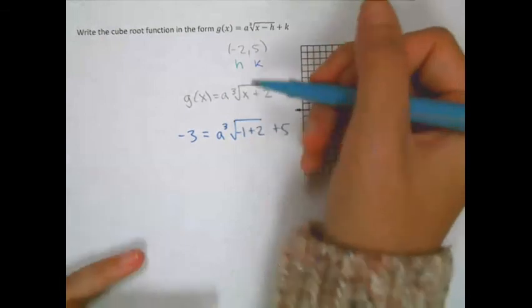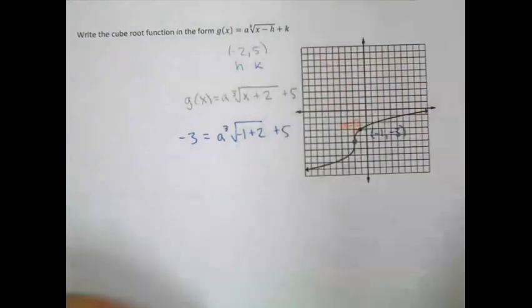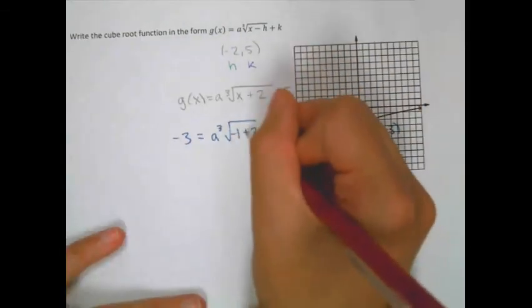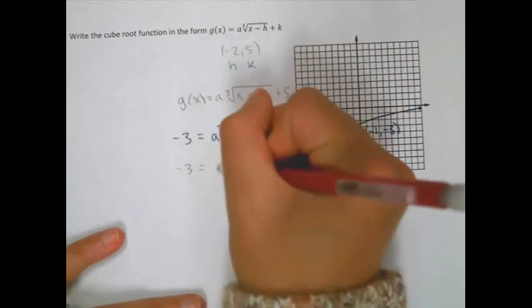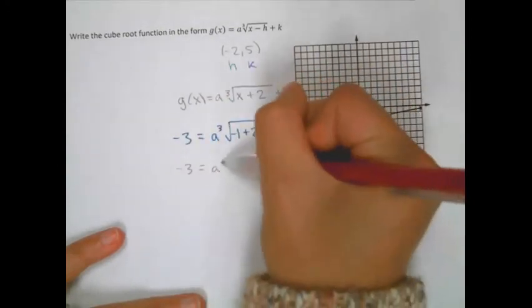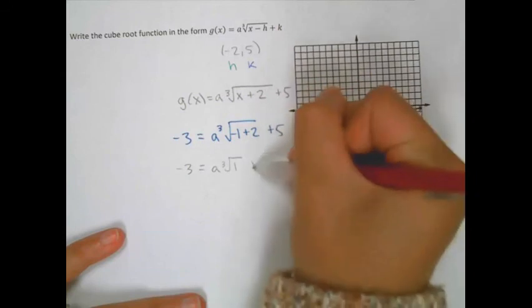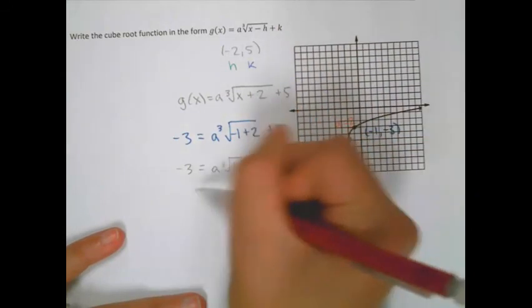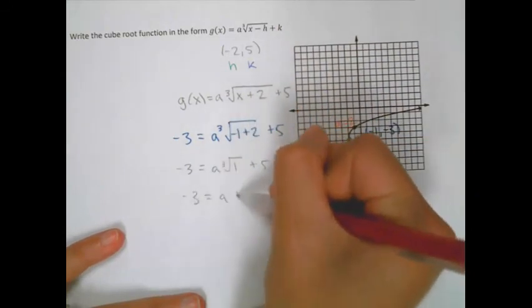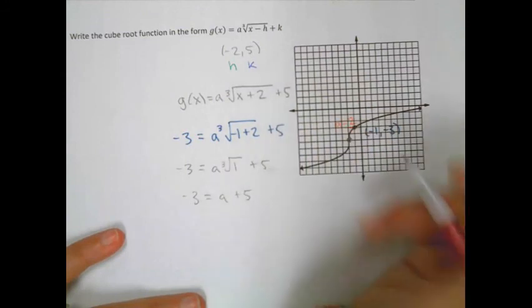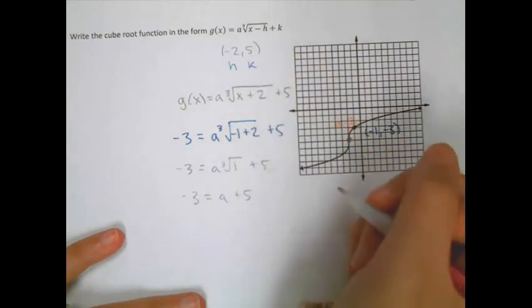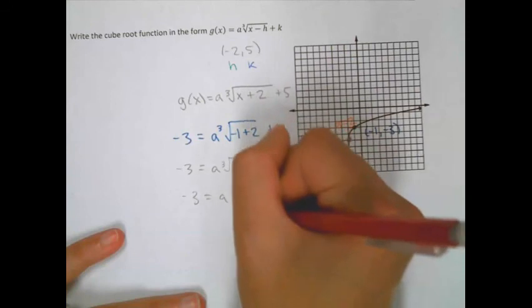So solving for a, first I do what's in the cubed root, and I get the cubed root of 1. The cubed root of 1 is just 1. From here, I subtract 5 on both sides.